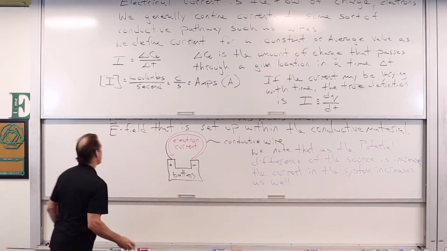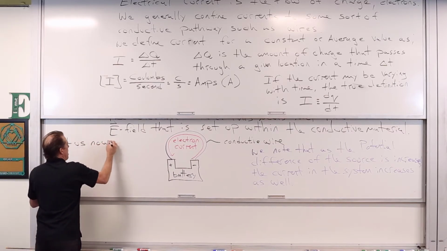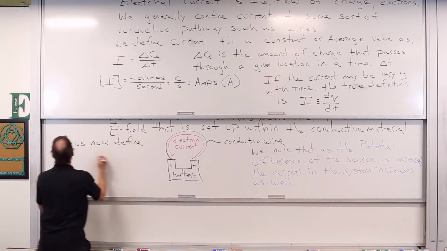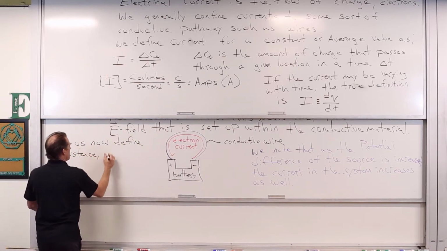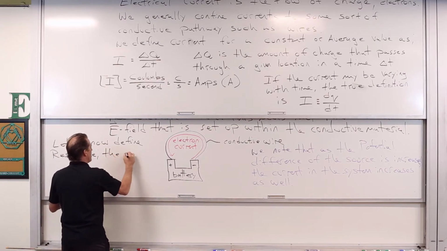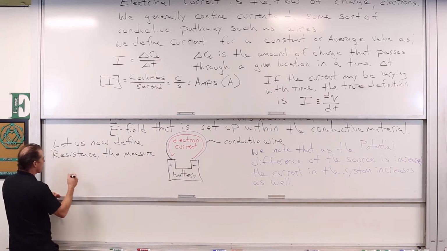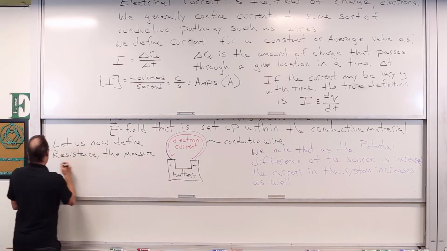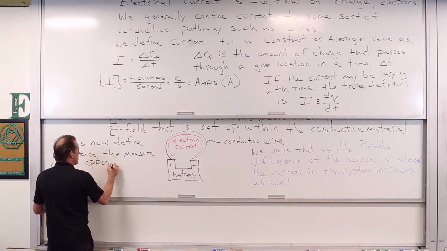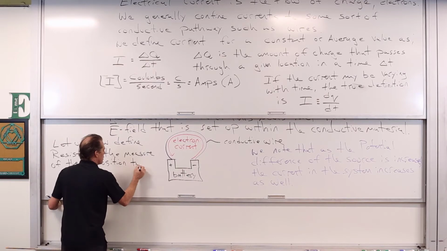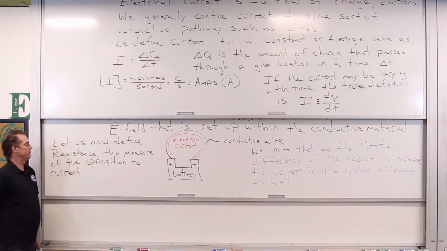So what can we do? Let us define another quantity. Let us define resistance, which is the measure of the opposition to current.